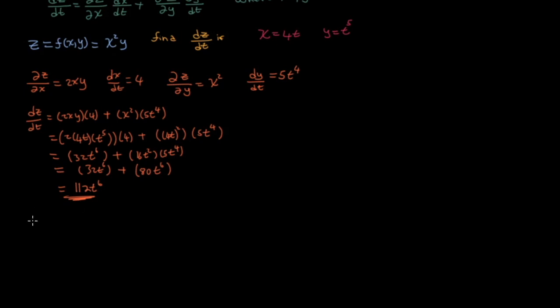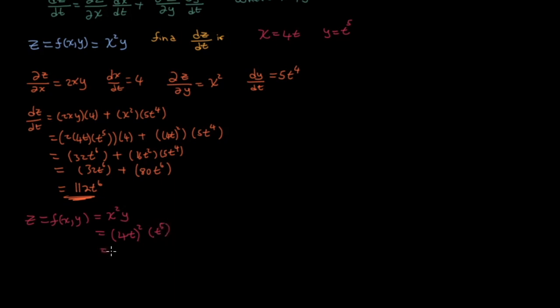So we have z is equal to f at xy, which is equal to x squared y, and then substituting 4t in for x, we get 4t, and then x is squared, and we're going to substitute our y in times t to the power of 5.